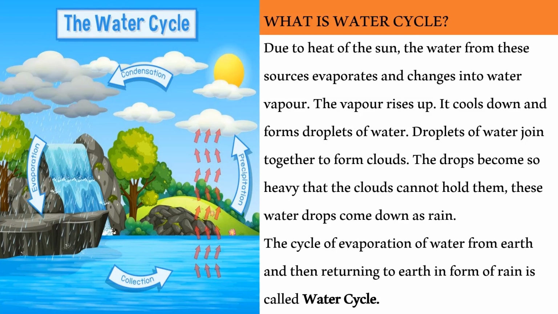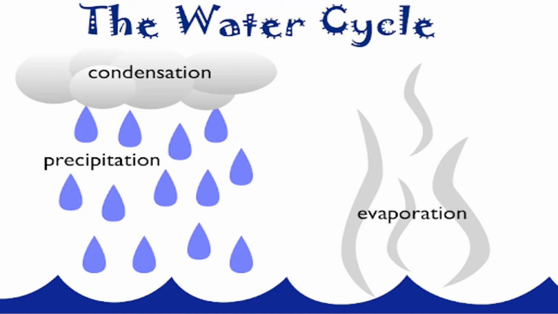And when it comes down, the water is getting collected in the water bodies. Evaporation, condensation, precipitation, collection. This continuous cycle happening on the earth is called water cycle. So this is water cycle in short.